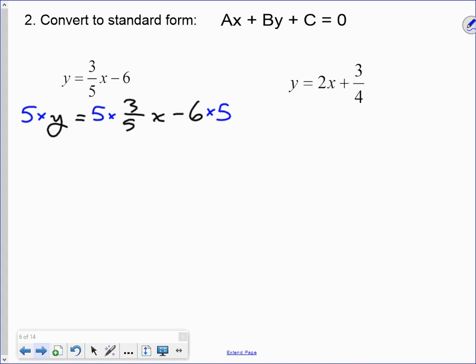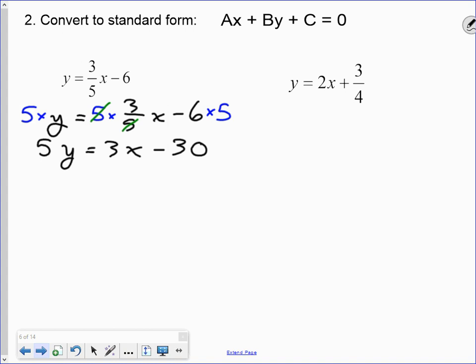Everything on the left and everything on the right has to get multiplied by that 5. Why are we doing this? Because in this fraction, this 5 and this 5 will cancel out, and that'll leave us with 3x. 5 times y will give us 5y. Negative 6 times 5 will give us negative 30.